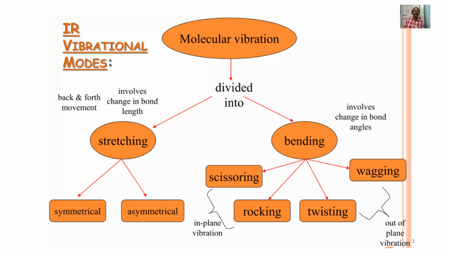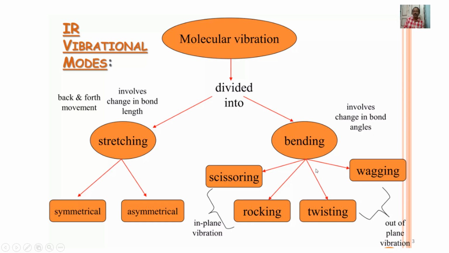This is a picture of molecular vibration. It has been divided into stretching and bending. And this is about IR vibrational modes. Stretching is nothing but back and forth movement, which involves change in bond length, and which has two types, symmetrical and asymmetrical.